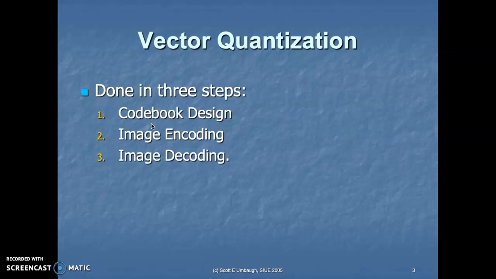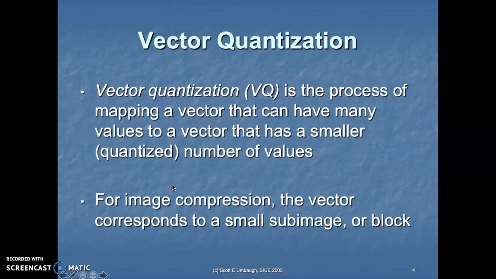In vector quantization, it will be done in 3 steps. You have to design the code book, and from the design of the code book, you will do the encoding. Then when you want it back to the image, you will do the image decoding.